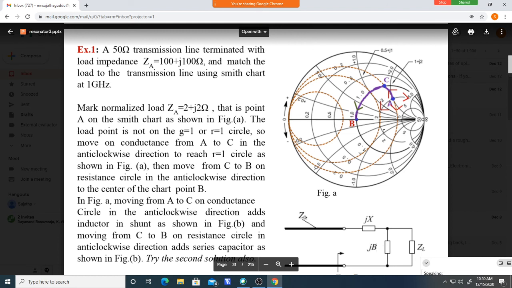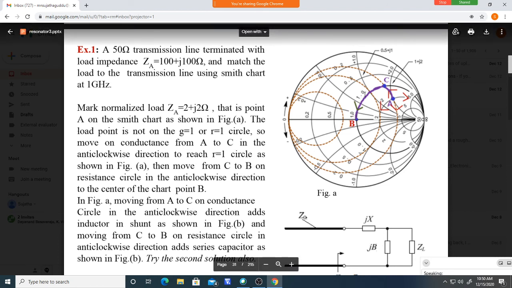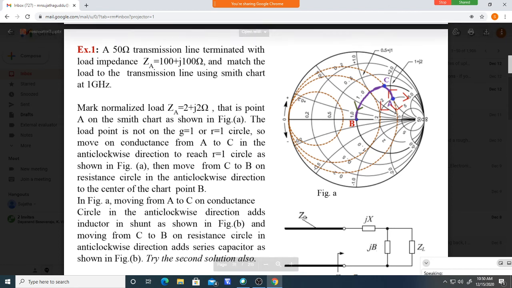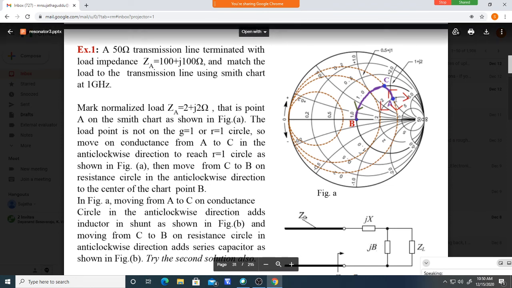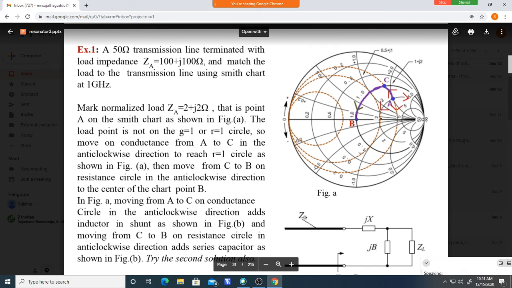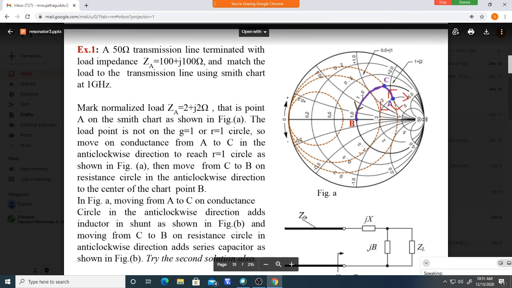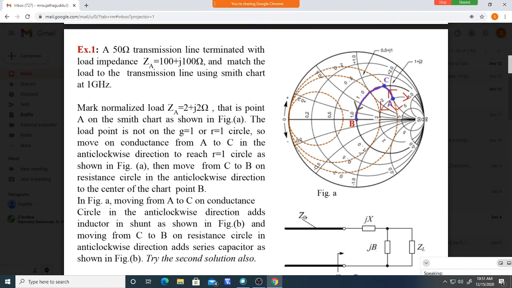I never cross the R is equal to 1 circle. If I move from here, either clockwise or anti-clockwise, on the resistance circle, I never reach an R is equal to 1 circle. So I cannot move from here either this way or this way.